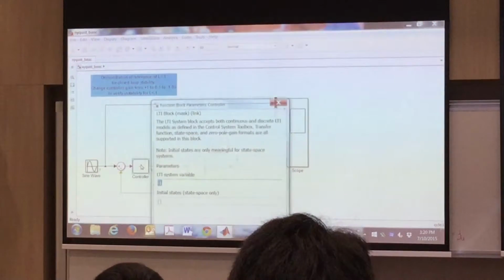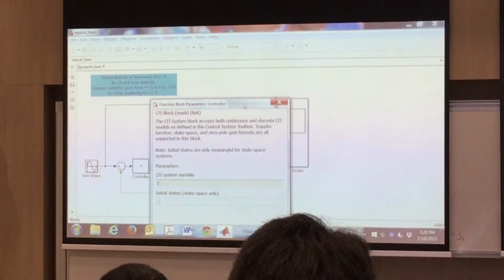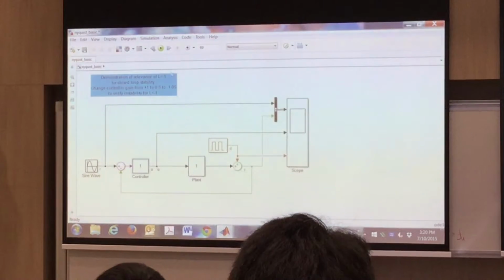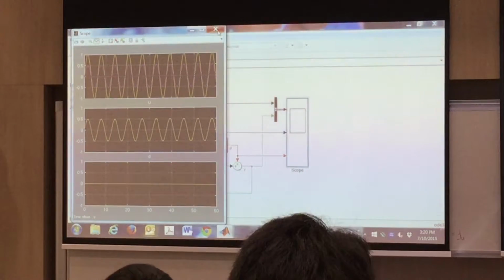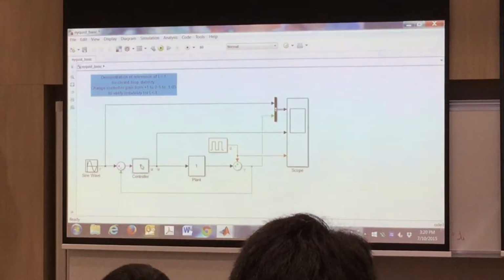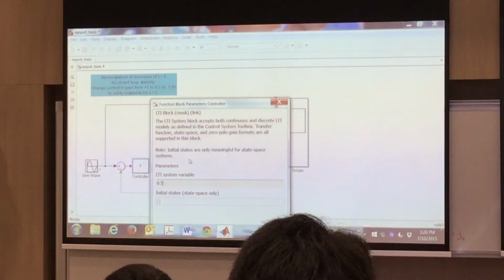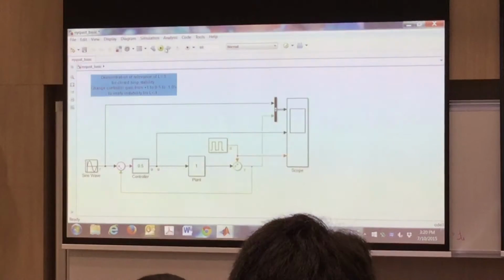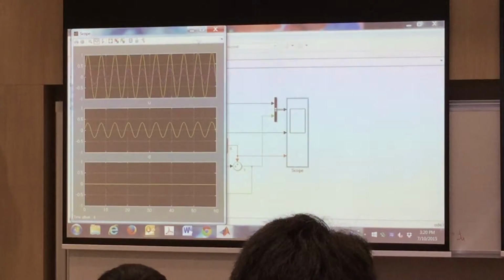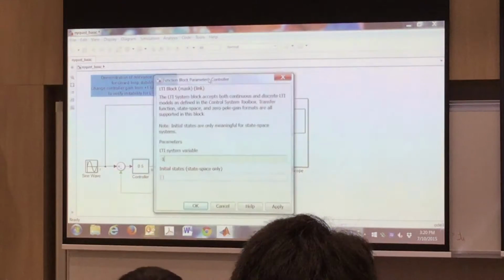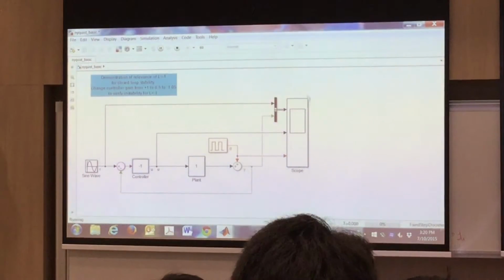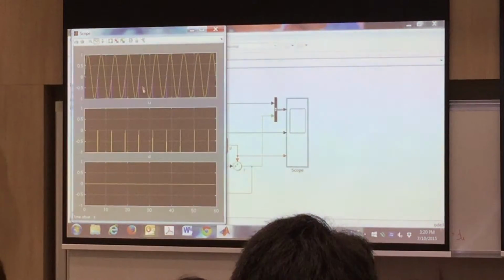Okay, so if you have a controller gain at 1, okay, this is stable. Or 0.5. Okay, still stable. But when you get nearer to minus 1, okay, it starts to become marginal.